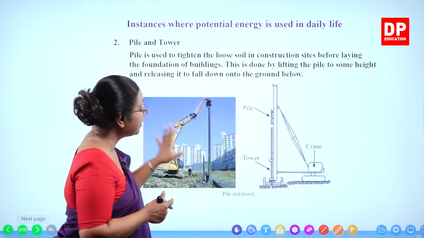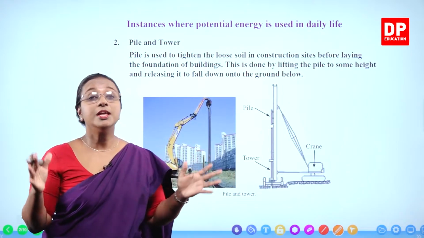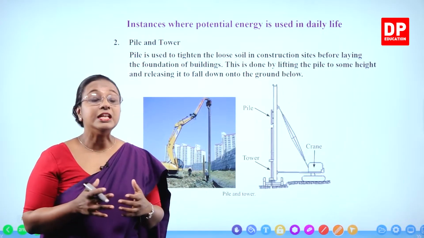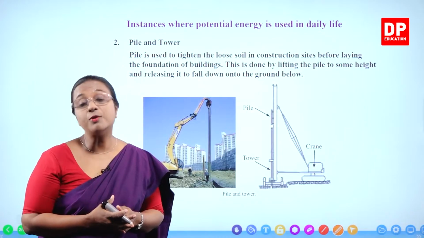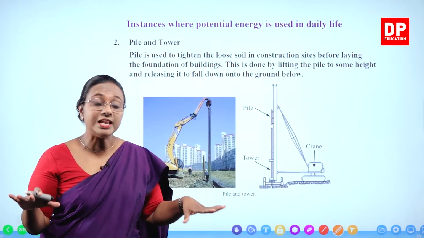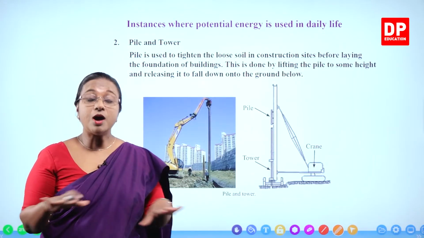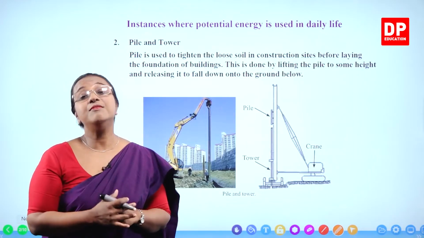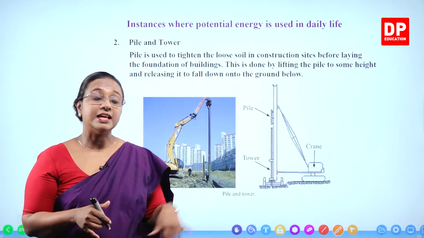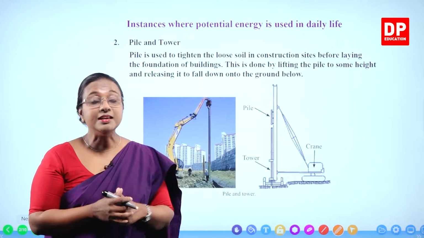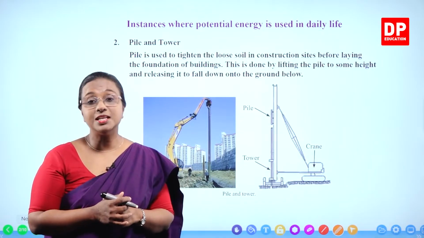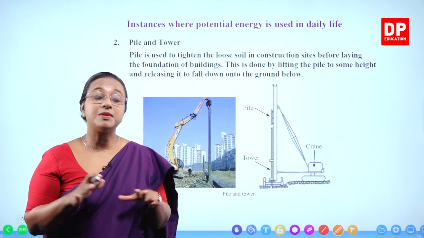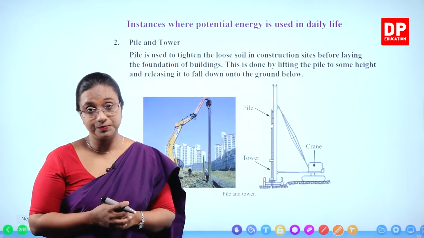Now, this is when they are putting up very tall, huge buildings. They need to have a very strong foundation. So the ground has to withstand that heavy weight. To do that, they dig and they put piles into the ground so that it provides very strong support.